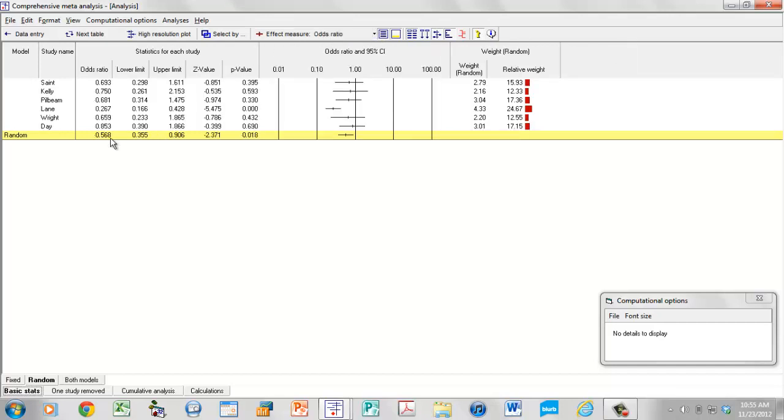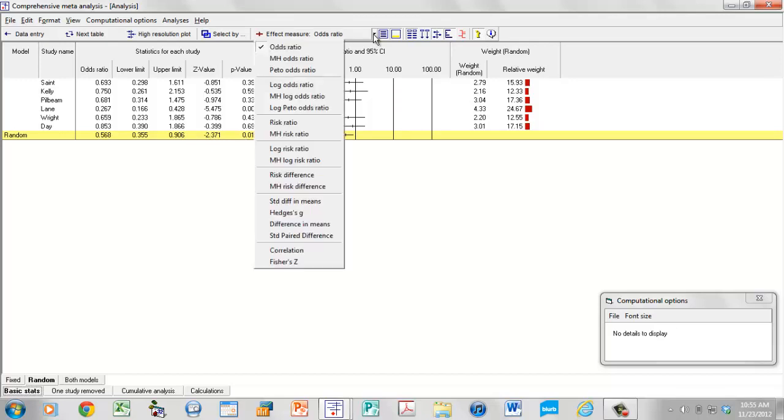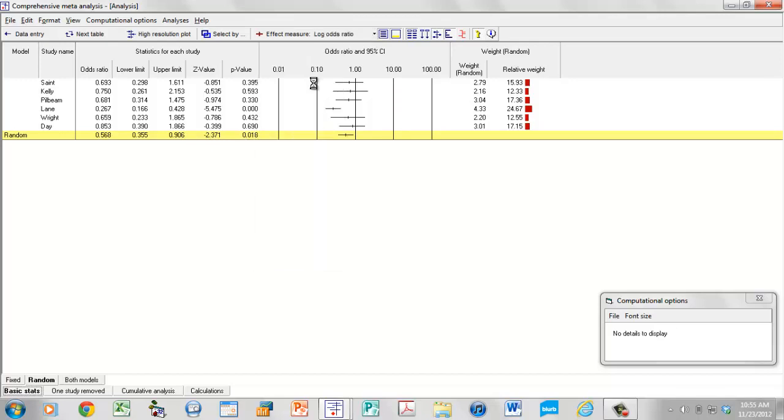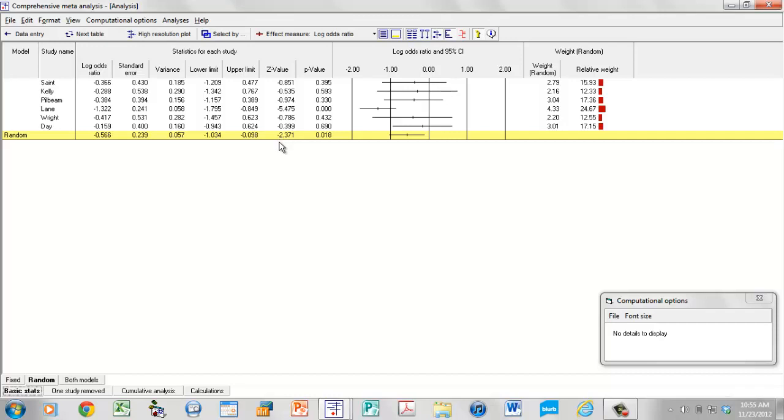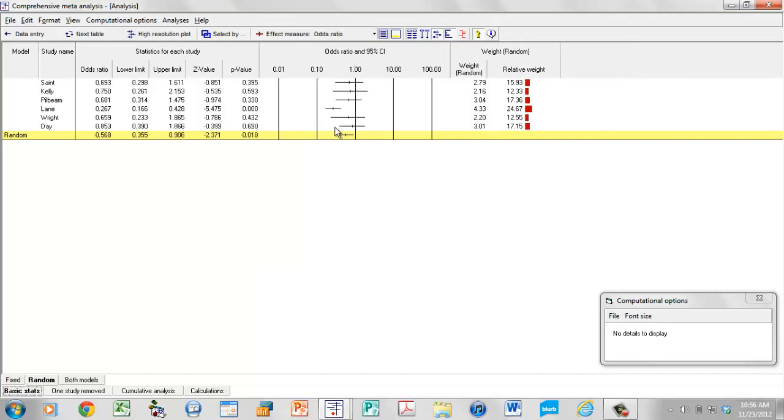The odds ratio is 0.568, and the lower and upper limit are 0.35 and 0.90. The z-value and the p-value don't change. Those are not going to be converted. Those had been computed using log odds values, minus 2.37 and 0.018, and those simply stay the same when we move back to the odds ratio.